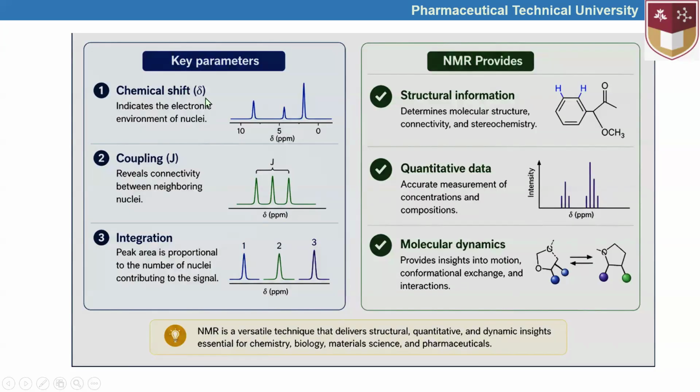Okay, we talked about the chemical shifts, and there is a term, coupling, in the next video lesson. In exact examples, we will learn about the coupling and the integration, which belongs to the peak area. The peak area is proportional to the number of nuclei contributing to the signal.